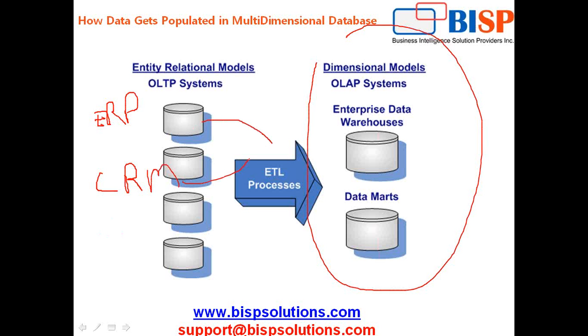Data is pulled from disparate sources, disparate OLTPs, and populates your data mart or OLAP server. An enterprise data warehouse is for the enterprise which works across multiple departments. It may have data from different departments of an organization like sales, marketing, procurement, HR, and all. A data mart could be subject specific.